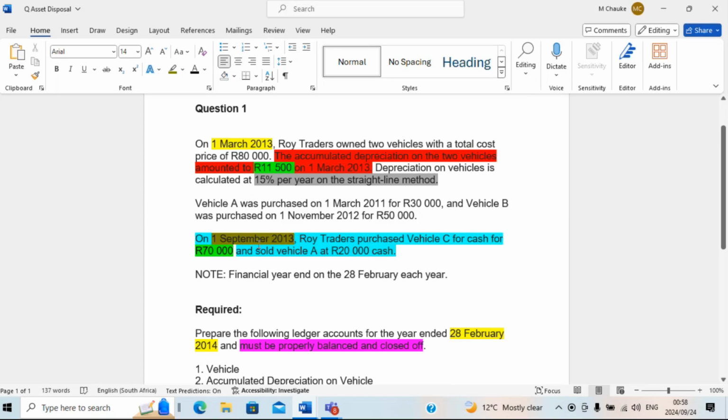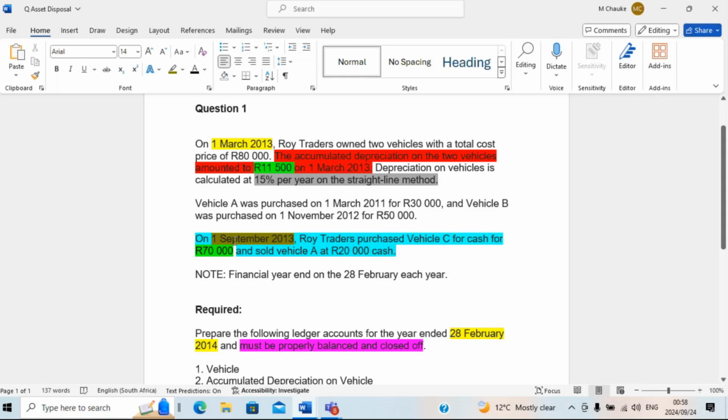So this vehicle was there from the 1st of March 2011 until the 31st of August. Then on the 1st of September, we sell it. So when we calculate depreciation, hear me clearly here: we cannot consider the 1st of September 2013 because on the 1st of September, we have sold the vehicle.